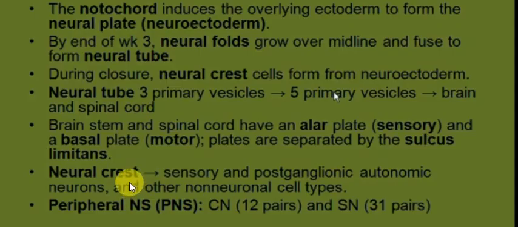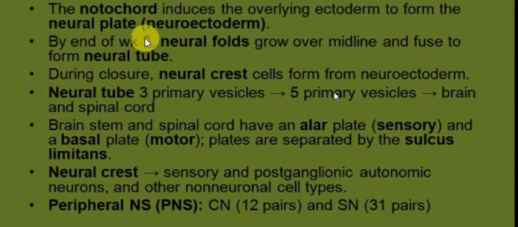This slide basically says the same thing I've already said: the notochord induces the overlying ectoderm to form the neural plate or neuroectoderm, and by week 3, neural folds grow over the midline and fuse to form the neural tube.